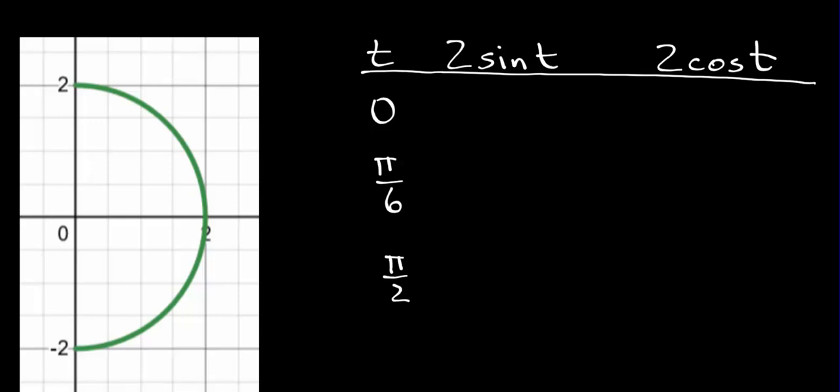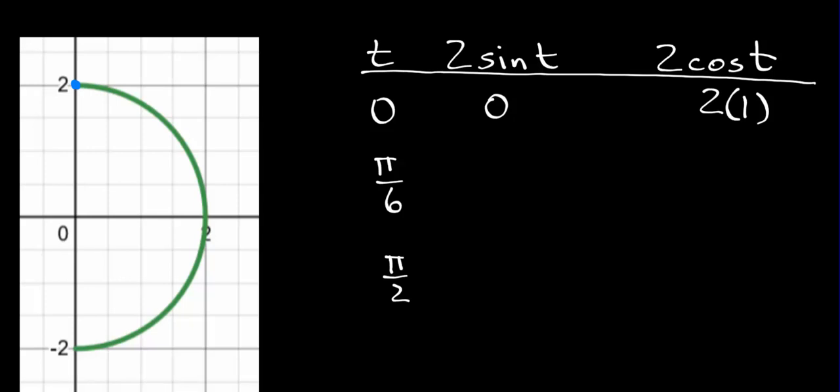Let's see what happens. When we put in a 0, this first term here is 0, and cosine t, the y-coordinate, is just going to be 2 times 1, so 2. So very first thing, we have the graph starting up here. Now remember, when x was 2 cosine t, we started down here. So this is looking a little different. The curve is the same, but the direction of the plot is different.